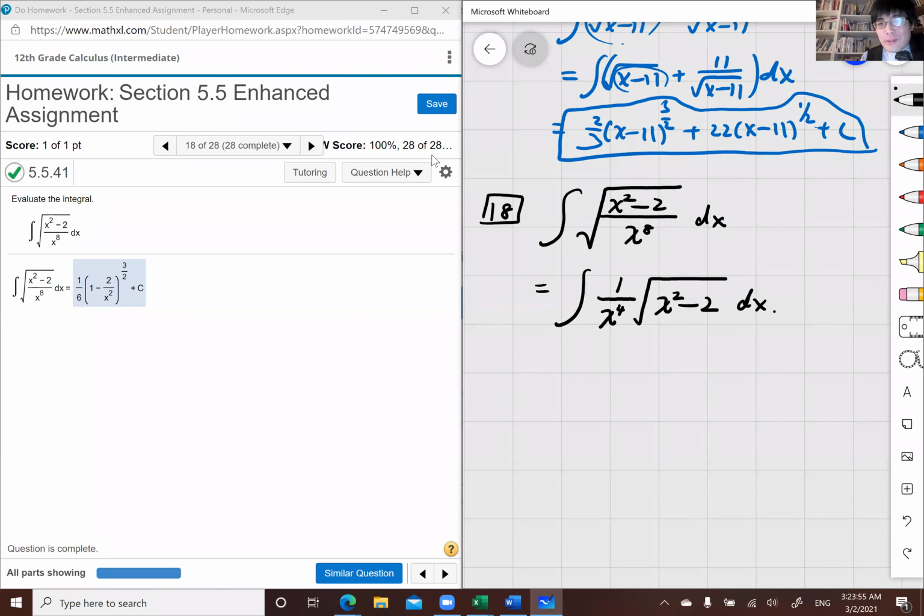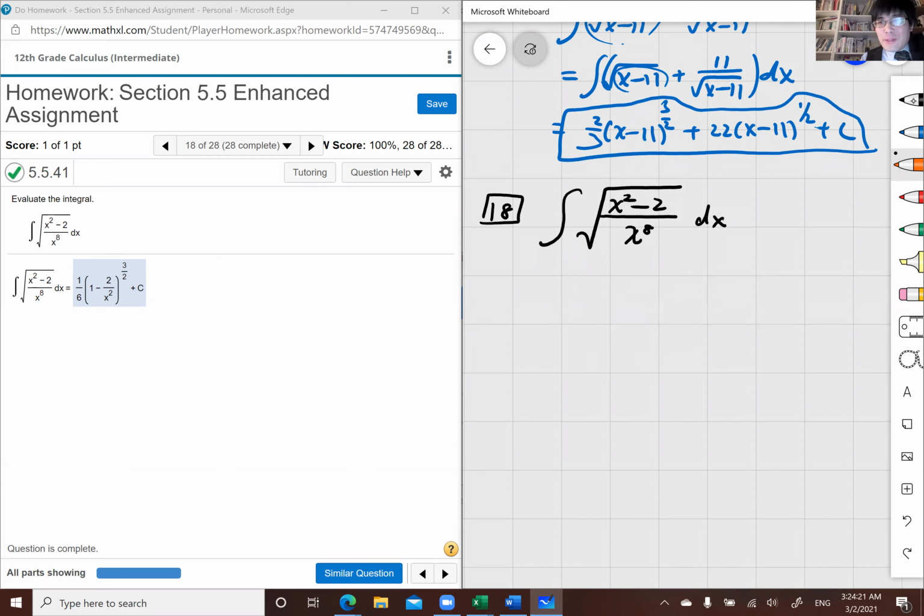Now this is not so nice, because the derivative of this one doesn't give you this. So we cannot find a really good way to simplify this by substitution. We cannot find a proper substitution.